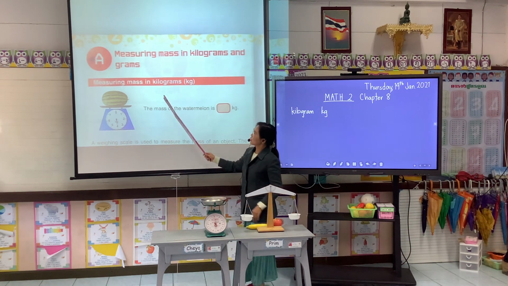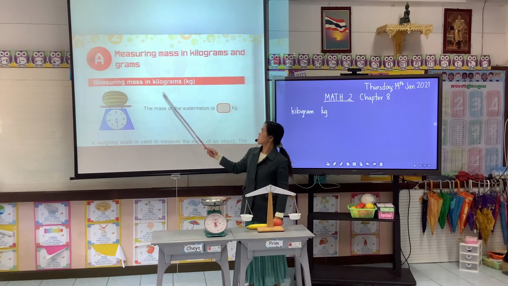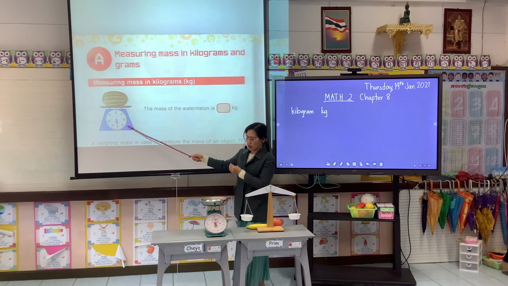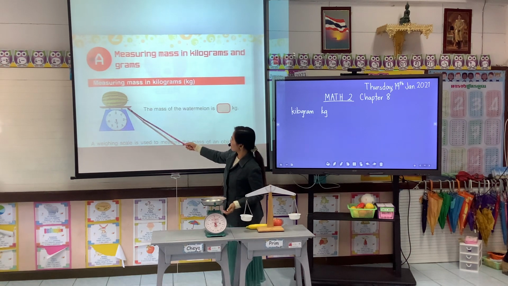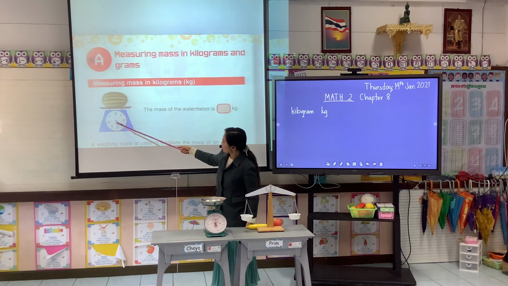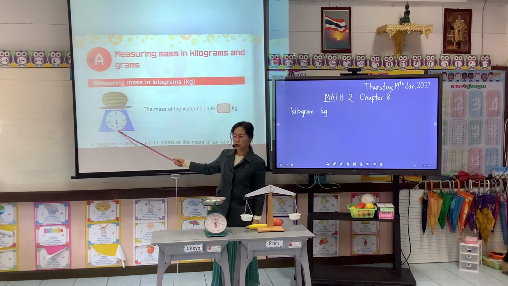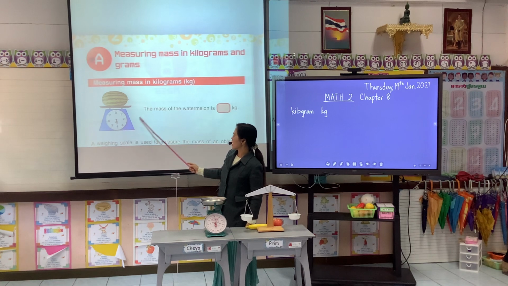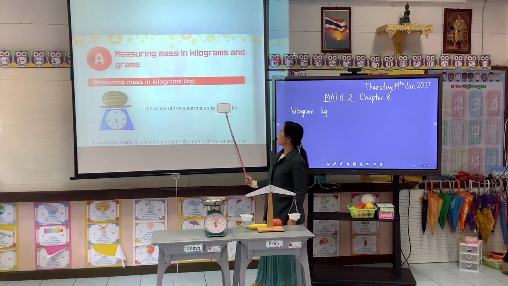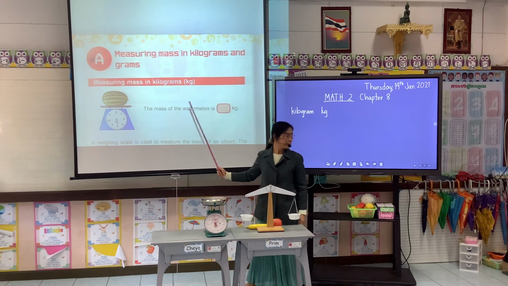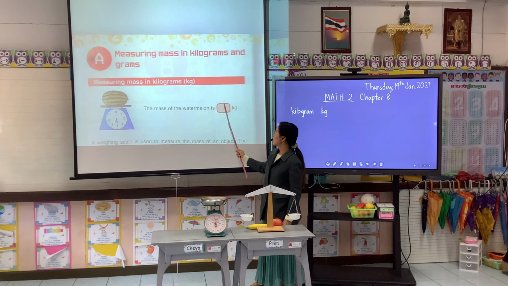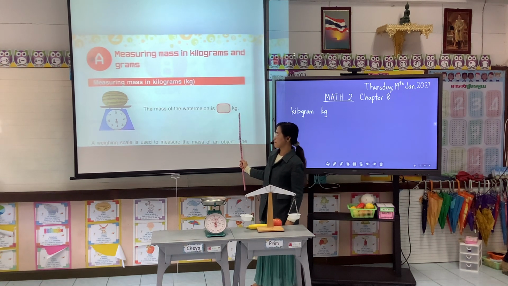How do we measure things in kilograms? Look at this spring scale. The pointer points at number 4, so the mass of the watermelon is 4 kilograms.